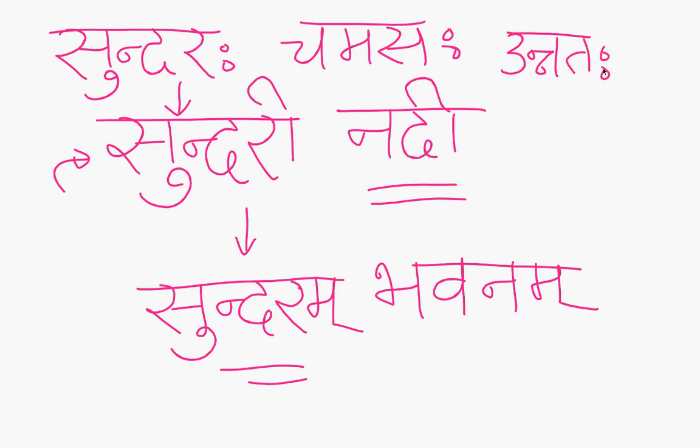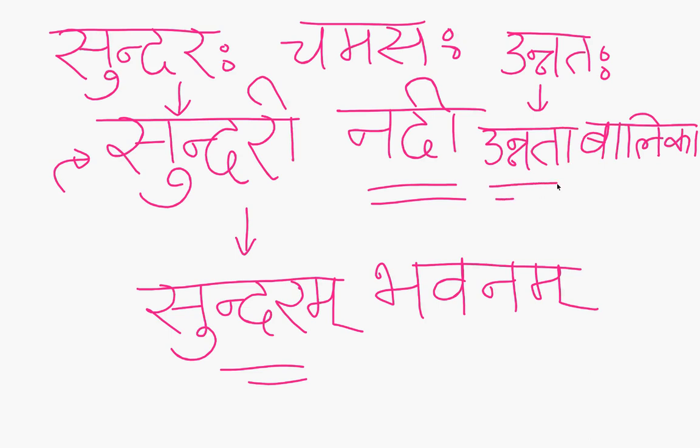Unnataha Balakaha, tall boy. And if it is Balika, which is Strilingam and the Vishesham, Unnataha changes to Unnata, not Unnati. Sundara changes to Sundari, but Unnata changes to Unnata.